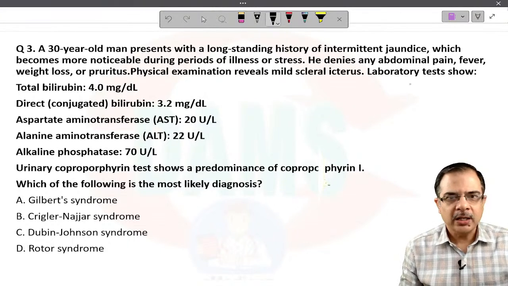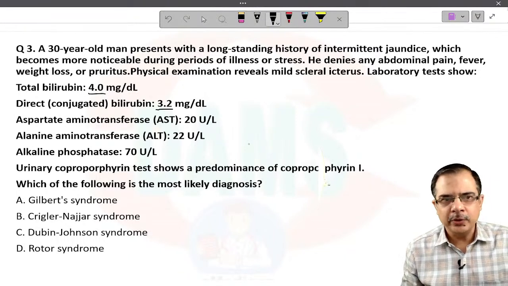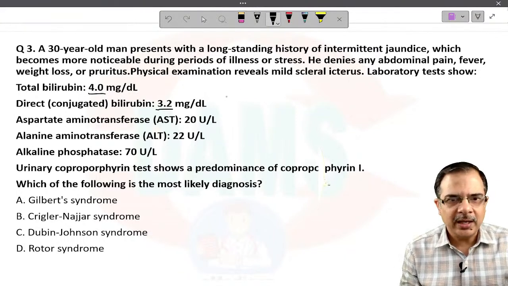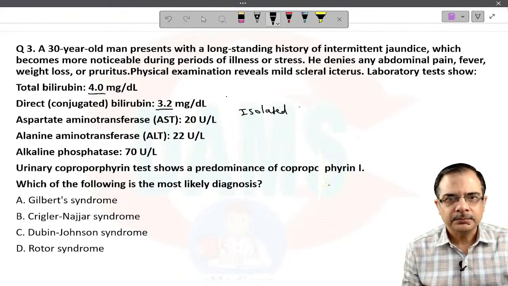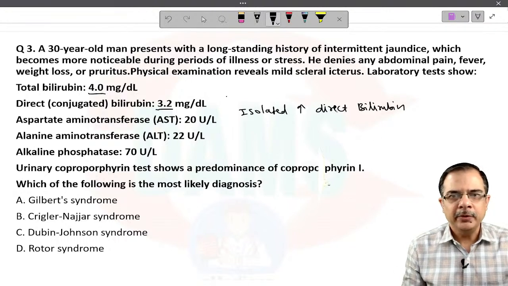Now, coming to this patient has jaundice and the total bilirubin is given as 4 and direct bilirubin is 3.2. So this is a case of isolated elevation of direct bilirubin, because liver enzymes are absolutely normal.